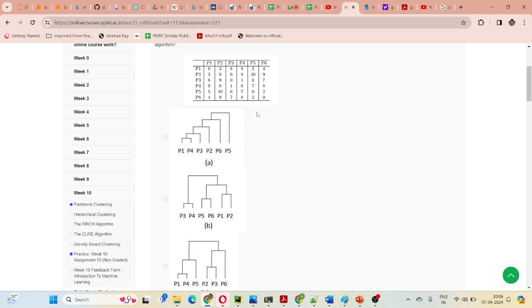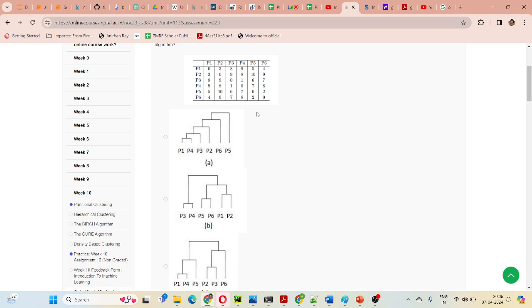After making the three pairs, first P3 P4, then P5 P6, and then P1 and P2, we reevaluate the distance matrix, then P3 P4 and P5 P6 will be merged first, and then P1 and P2. So P5 and P3, P4, as you're saying.